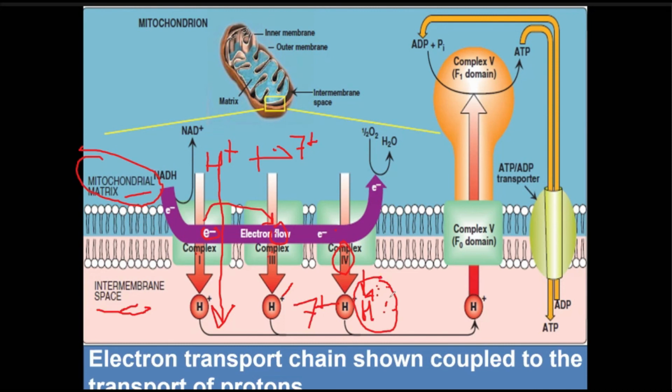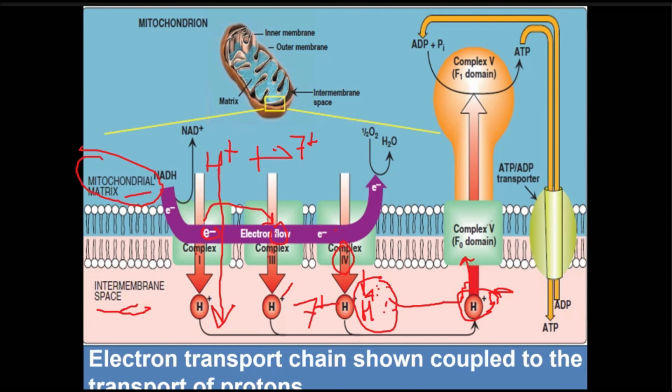What will happen? Then suddenly, this H plus is a lot of energy. They will go back again to the mitochondrial matrix. So all this H plus gathered here will go back.